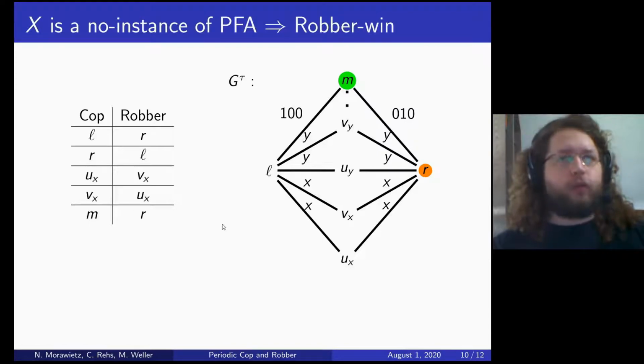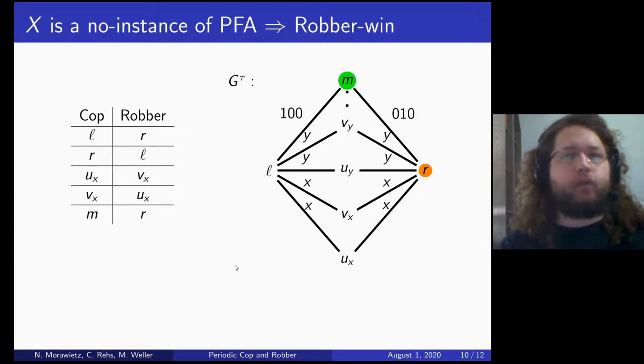So what you can show now is that if at the beginning of some time step t, which is divisible by 3, both players are on one of these pairs of positions, then the robber has a strategy to evade the cop in the time steps t, t plus 1, and t plus 2, and moreover has a strategy to end up in a position such that, depending on the cop's position, both players are again in one of these pairs of positions. So one can then easily show via induction that the robber has an infinite evasive strategy.